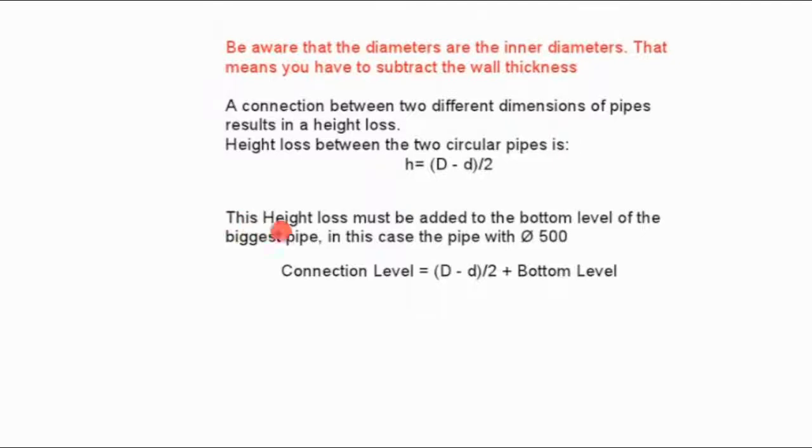The height loss, which we found up here, must be added to the bottom level of the biggest pipe, and in this case it is the pipe with diameter 500, the main sewage line. So our connection level is the height loss found up here plus the bottom level, and the bottom level was what we found in video part 1, advanced and applied, question number 3.